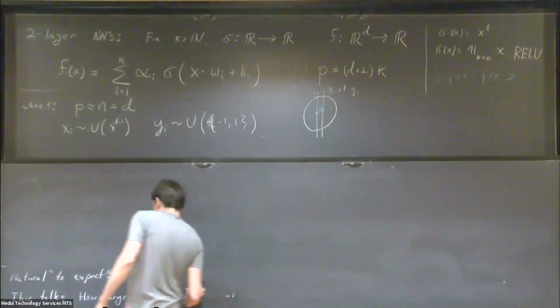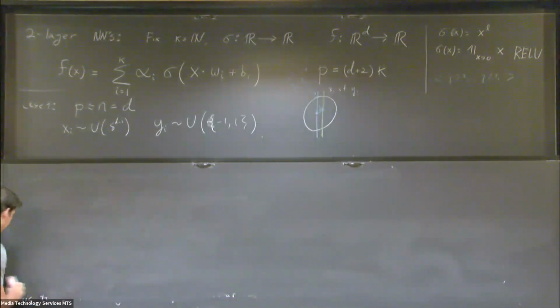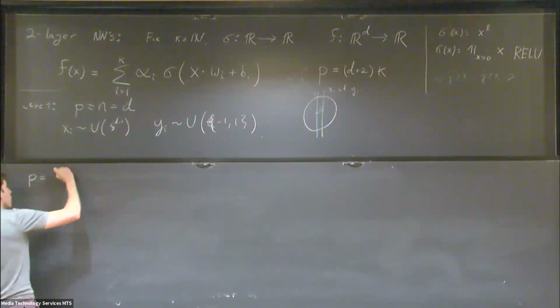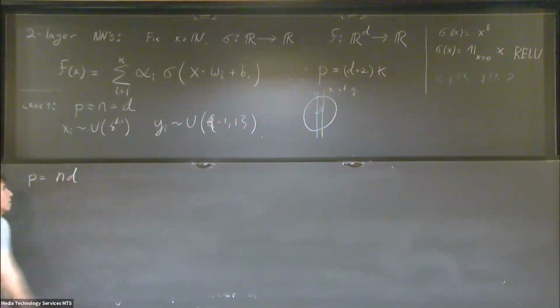Okay, and then I claim that in the other extremal case, where P is equal to n times d, meaning I have one neuron for every data point, I just need to fit one data point per neuron, I can make the Lipschitz constant equal to 1.